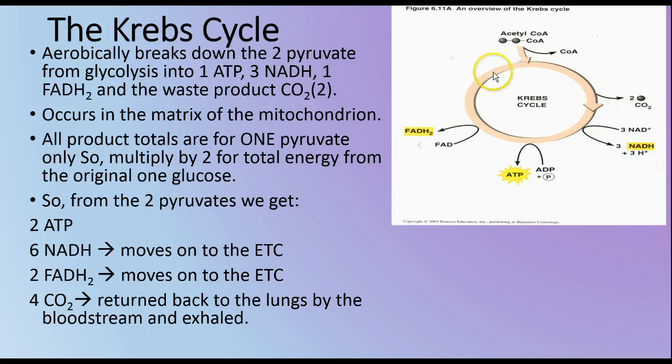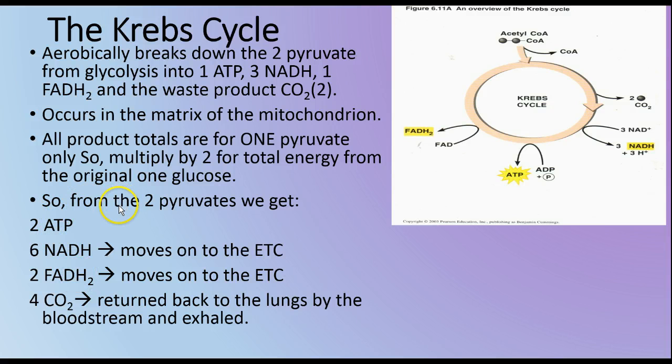This is very complex, and this does leave out many steps. So for every 1 pyruvate that comes into the Krebs cycle, we produce 1 ATP, 3 NADH, 1 FADH2, and 2 waste products called CO2. Now, FADH2, for the purposes of this class, let's treat that just like NADH. It's an energy carrier molecule.